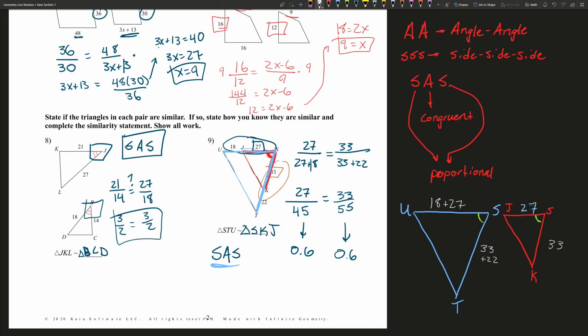And again, we know it's SAS because we have this one anchor angle that's congruent in both. And then these two ratios, 27 over 18 plus 27 equals 33 over 33 plus 22, are proportional because sides adjacent to this green angle are proportional.